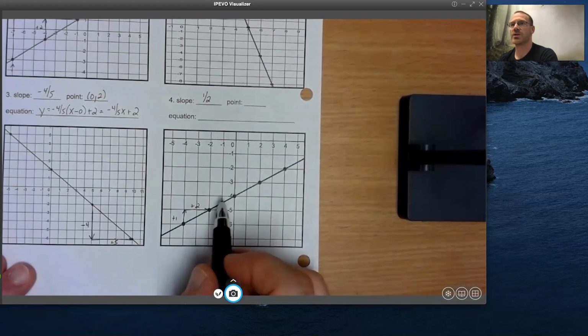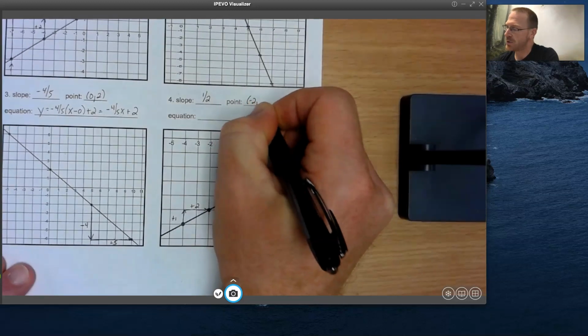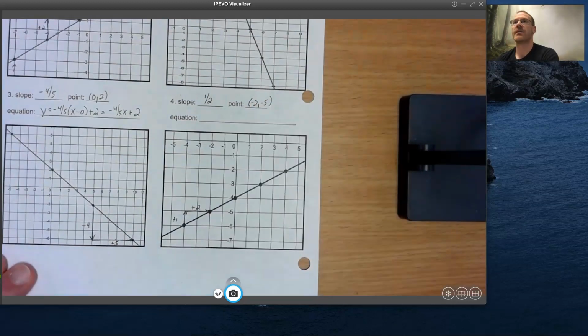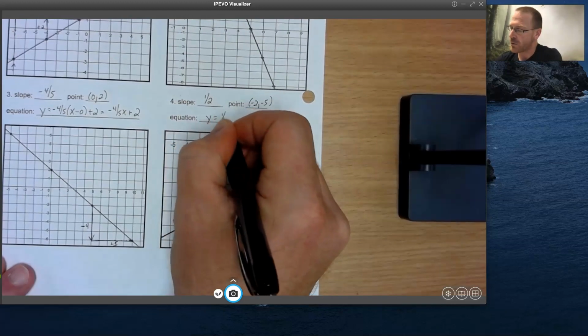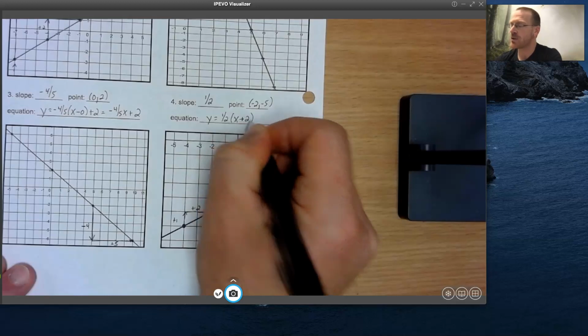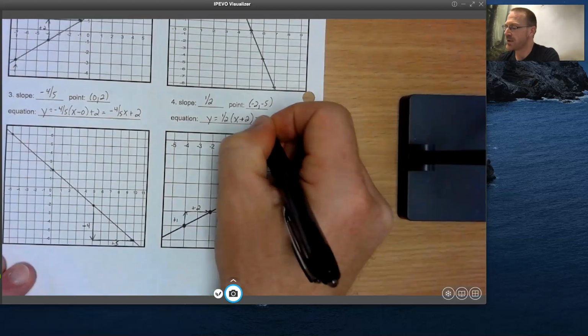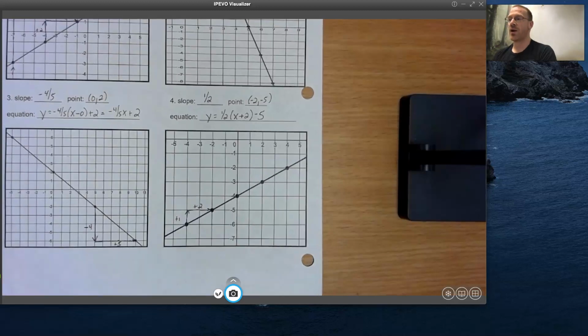I'm going to take this point right here, which is -2 and -5, and put that right into our point slope form. So y equals 1/2 x minus -2 becomes a +2, and we have -5. And that's really all there is.